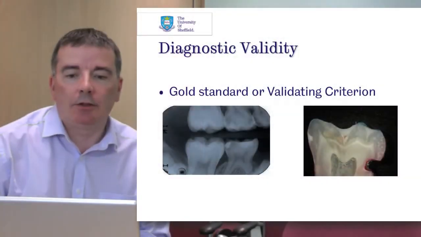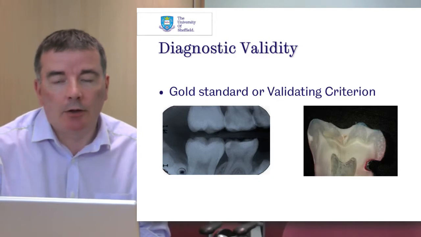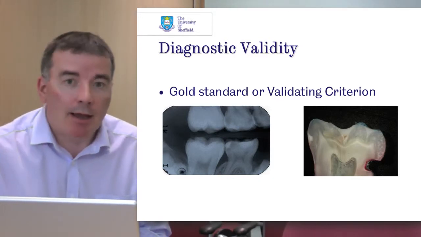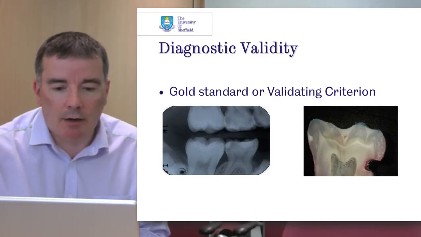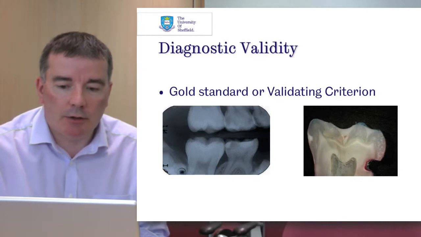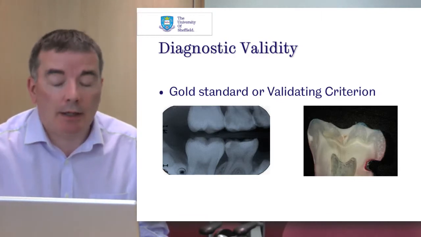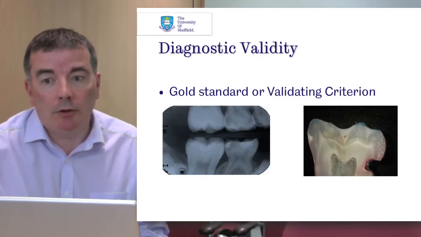So that brings us to diagnostic validity, also known as your gold standard or a validating criteria. If we stick with the study we've discussed so far, we might have used radiographs as a validation, or if we could get extracted teeth, for some reason, we would be able to do histology.